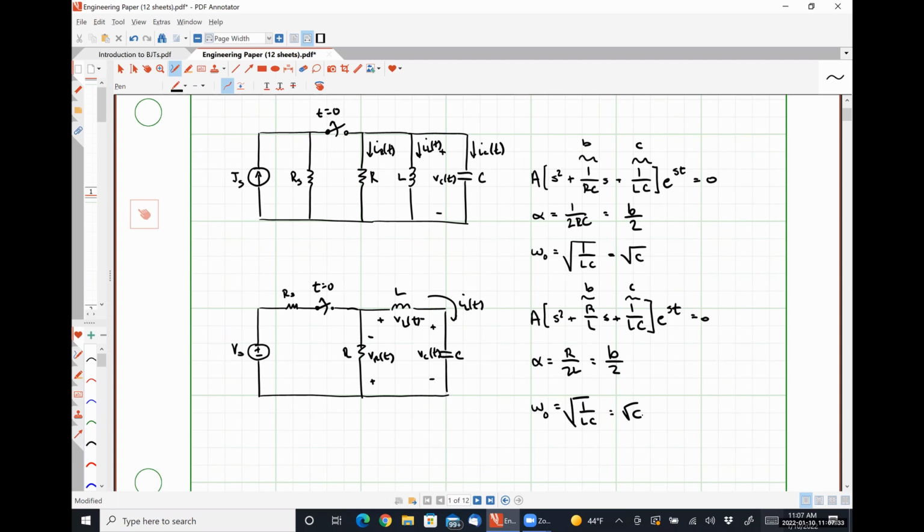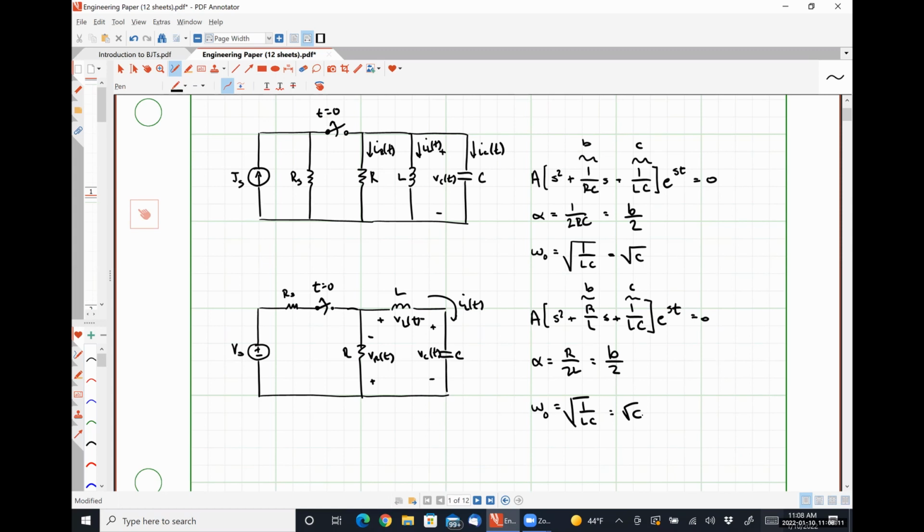So from that, we should be able to infer pretty easily that for a generic RLC circuit, which is not strictly in parallel, nor strictly connected in series, if we can figure out what our characteristic equation is, we can then use these coefficients B and C to determine the quantities alpha and omega naught, and then tell whether that system is behaving as a critically damped, overdamped, or underdamped system.